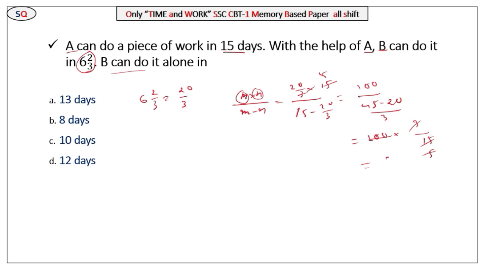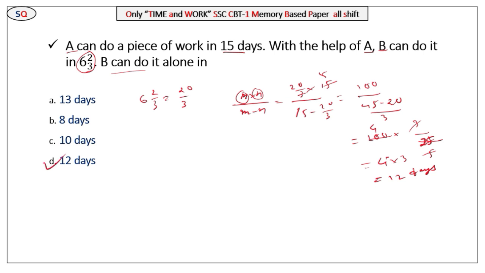It is how much? It is 4. So 4 into 3 equals 12 days. So the answer is C.